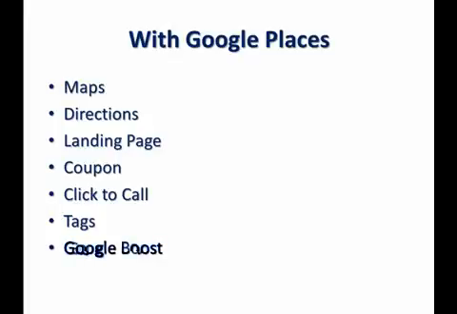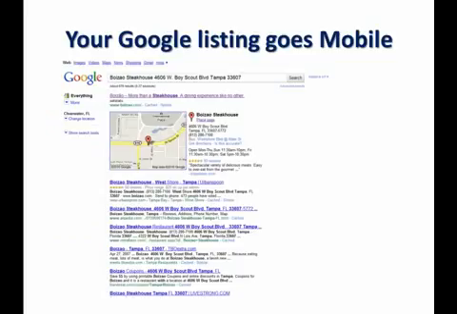There's tags. There's Google Boost, which is a new advertising method that I'll show you. There's also some AdWords stuff for click to call and for hyperlocal ads that we'll also go over in this module.